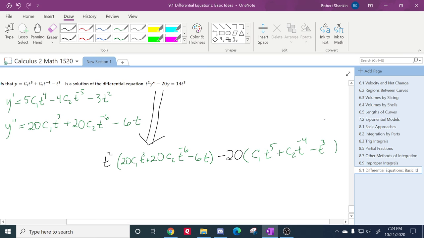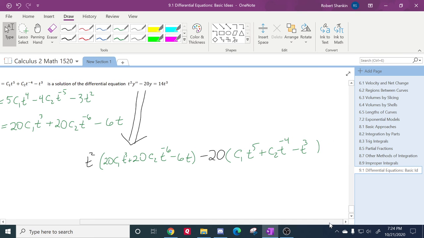Okay, and then this is equal to 14t cubed. And we're wondering, does it equal 14t cubed? If it does, then we have verified. And so now I distribute this t squared over here, and I'm going to get 20 c1 t to the 5th, and so forth.